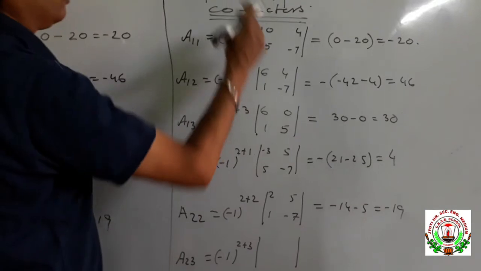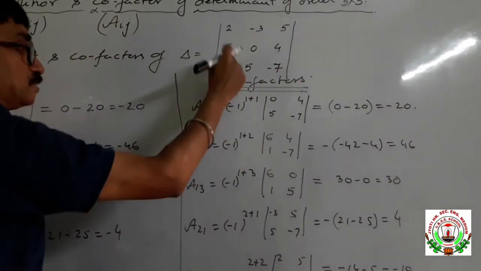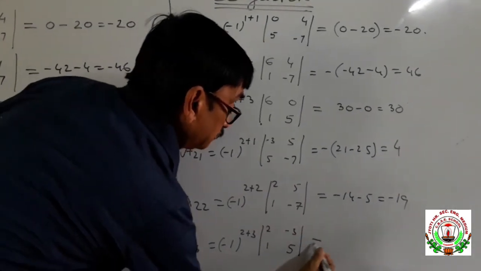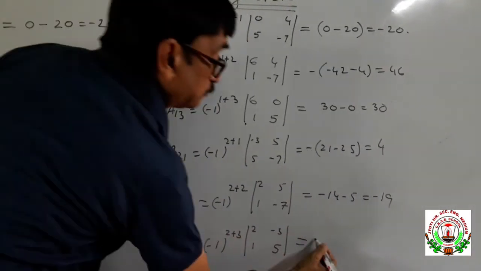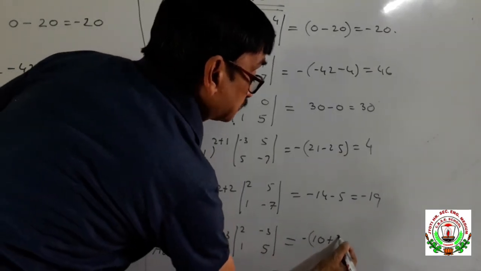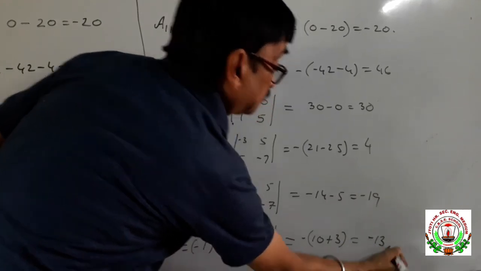Now minus 1 to the power 5 will be minus, and 2 into 5 is 10, 10 plus 3 is 13, and it becomes minus 13.